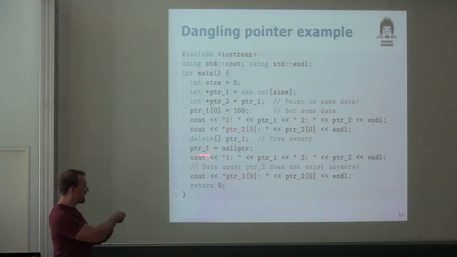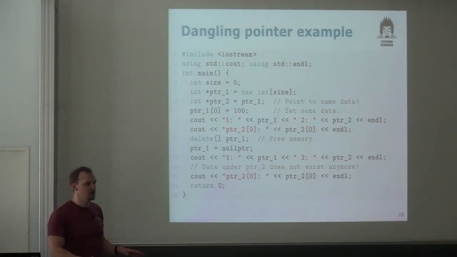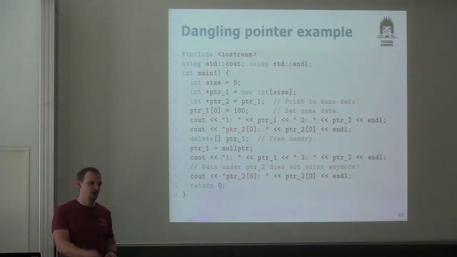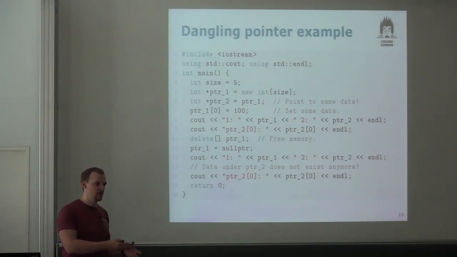Yeah, so if after this line I put pointer 2 equals null pointer, it's totally good, because then at least my program will crash if I try to use it. But I have to know about it, and that is an issue. The moment you have to know something that is not enforced by the code itself, it's a big issue, because you will forget. It's just a matter of time.